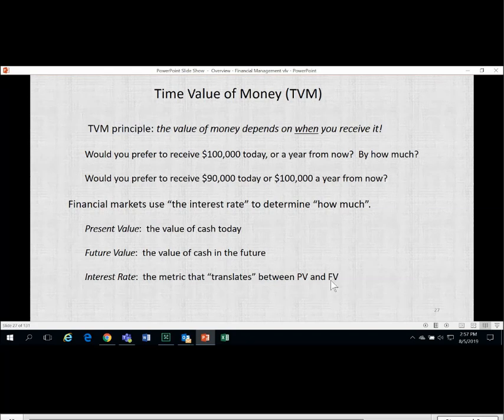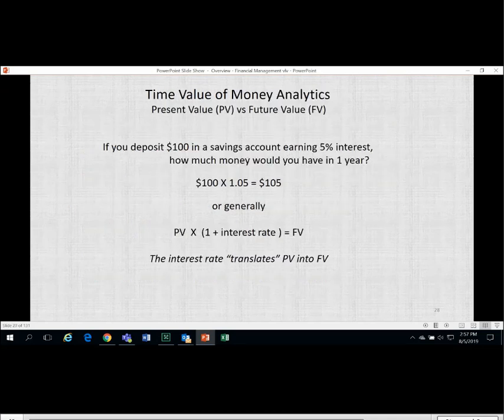So let's see what we mean by translates between the two. So suppose you deposit $100 in a savings account that earns 5% interest at the end of the year. How much money would you have after a year? Well, you've got $100, and if you have 5% interest, that means you're going to earn $5 interest on that. You have $105 at the end of the year.